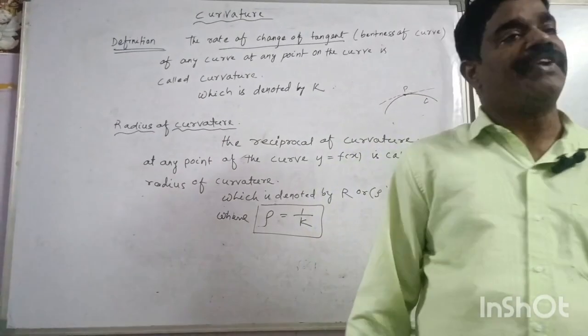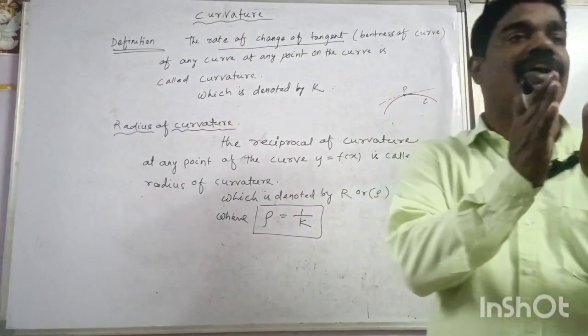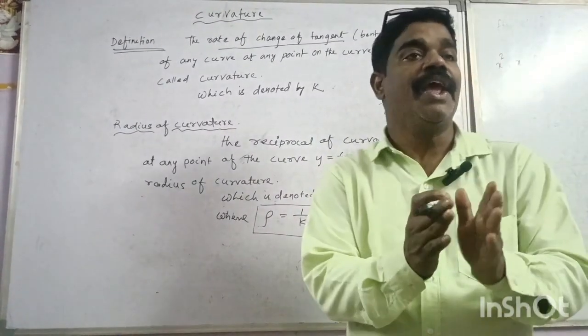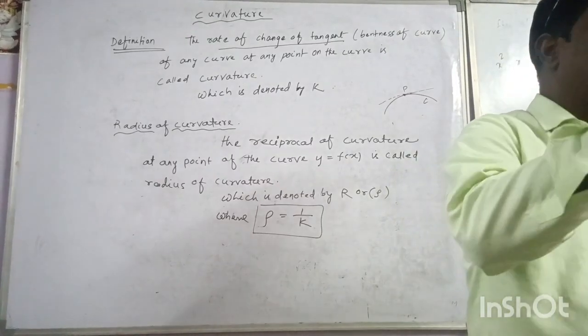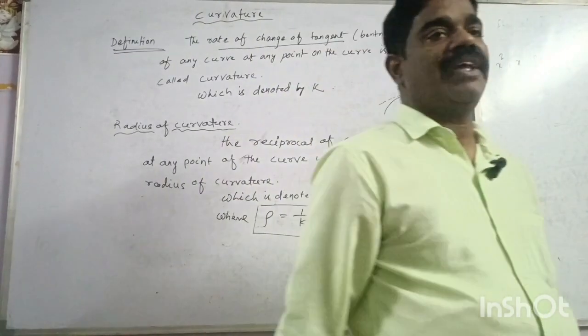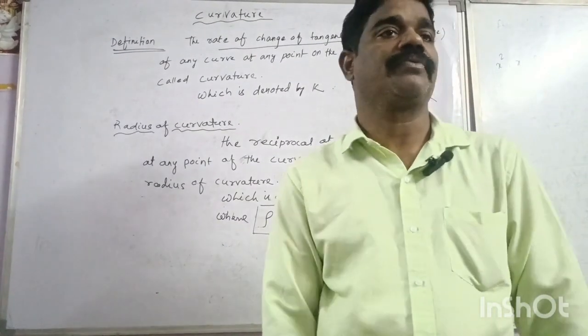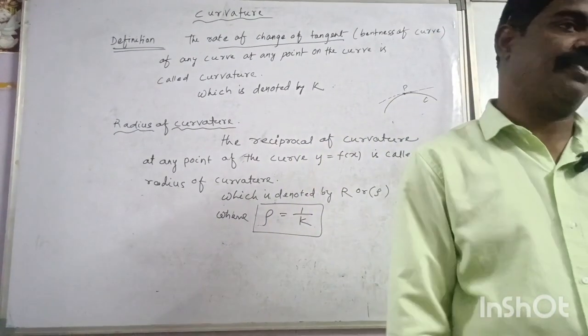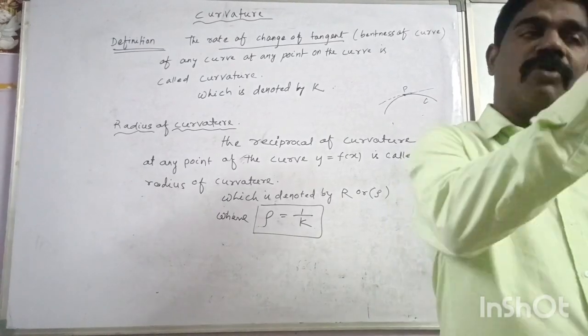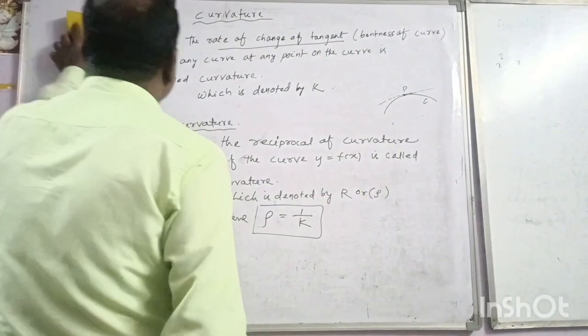Now I have different forms of radius of curvature. How to find out the formulas? Mainly there are three types of forms. Number one, Cartesian form. Number two, parametric form. Number three, polar form. Fine. See here.